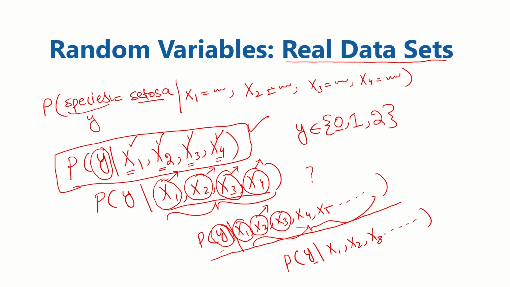But here, this y is no longer discrete, so you cannot call this probability model a PMF, because PMF refers to the probability mass function for discrete random variables. If this y is no longer discrete, how can we model the distribution of that?